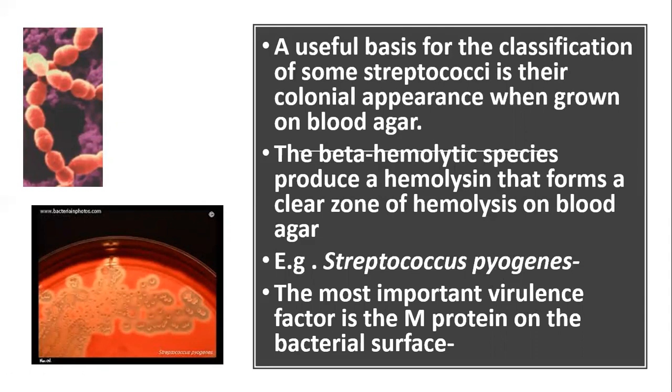It is very important to discuss how they escape your immune system, right? Because Streptococcus pyogenes has a protein on its surface known as M protein, which is one of the most important virulence factors of Streptococcus pyogenes.